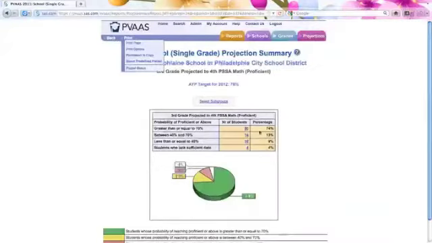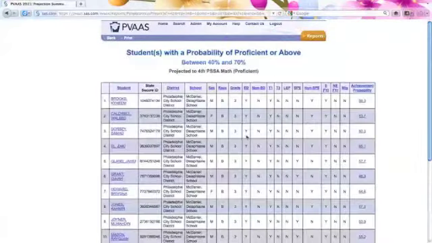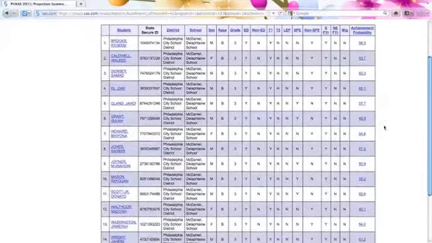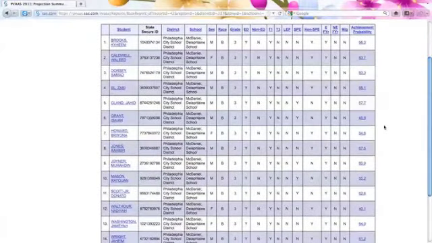If we were looking at the 70 percentile, you're going to see a lot of 99%. So that means that a student has a 99% chance of scoring proficient on the PSSA. Well, what does that say? That says that the student already has been performing at proficient or advanced levels.